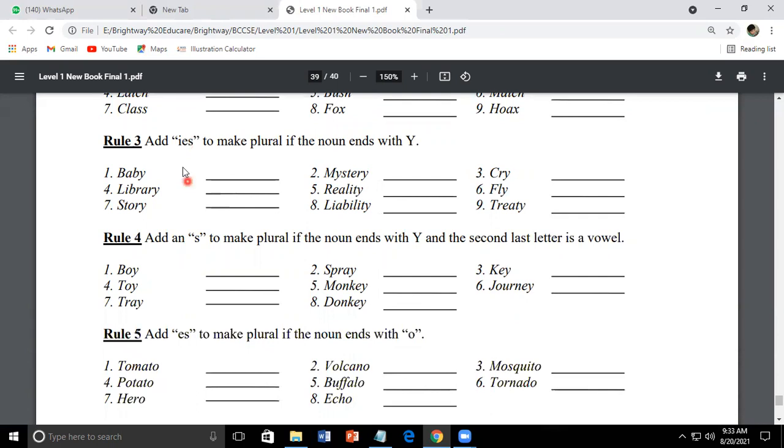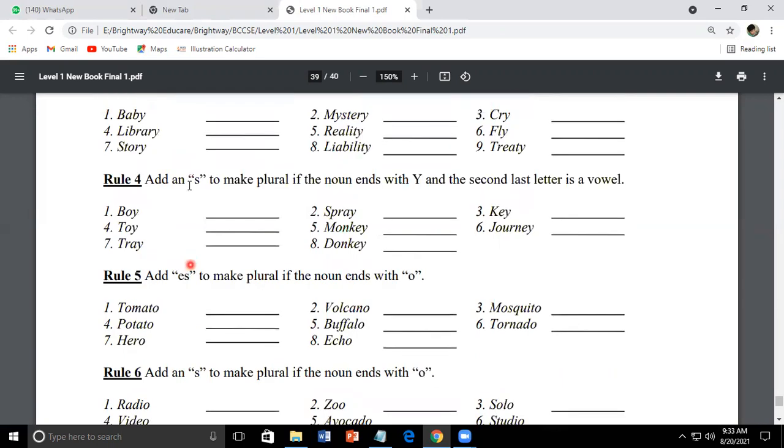In rule number 3, we noticed that if the last letter is a y, we have to add ies by replacing y. And in rule number 4, we saw if the last letter is a y and the second last letter is a vowel, in that case, we will just add an s to make it plural.